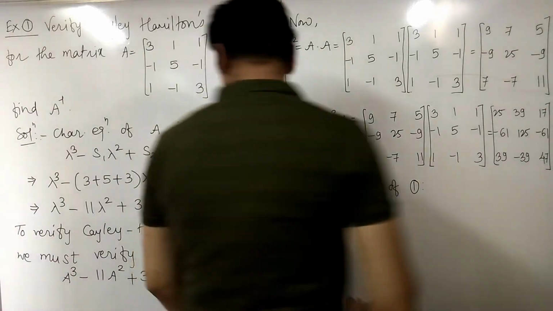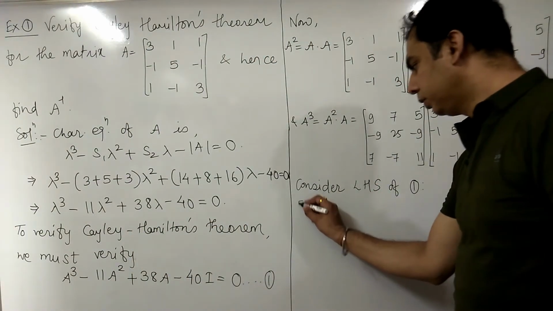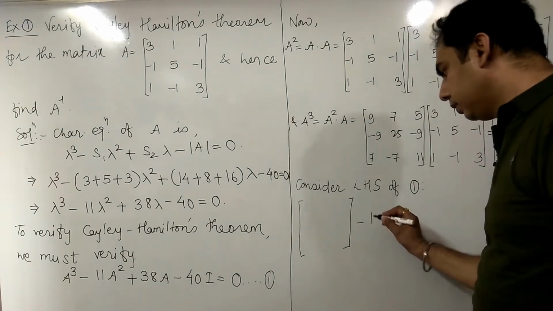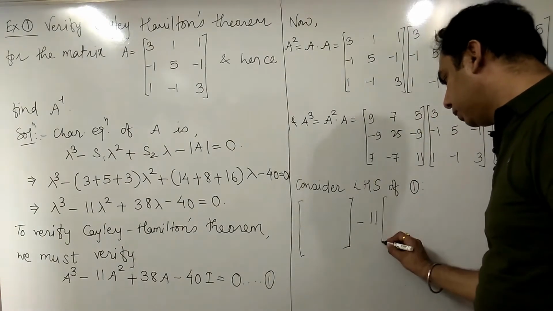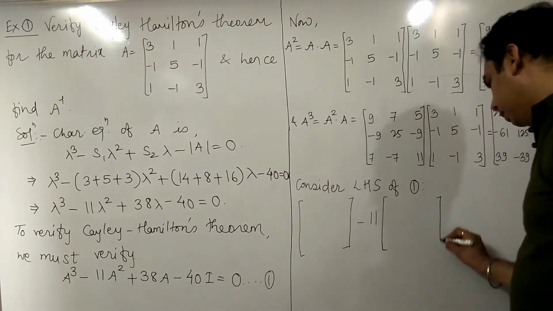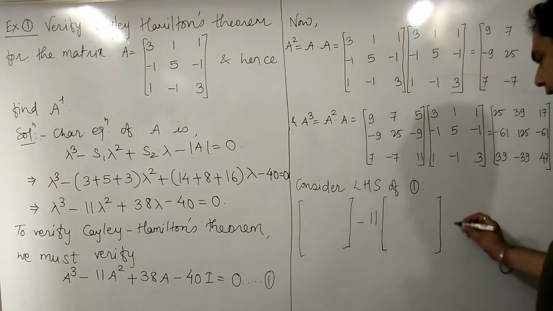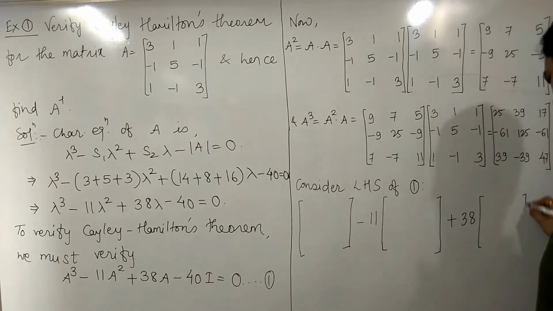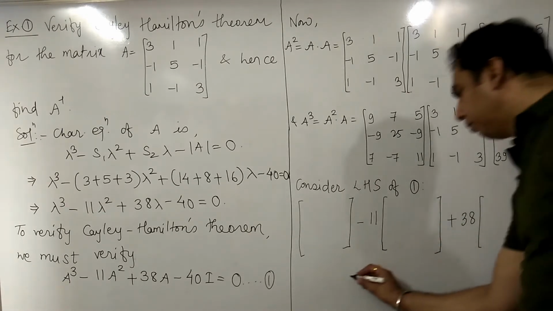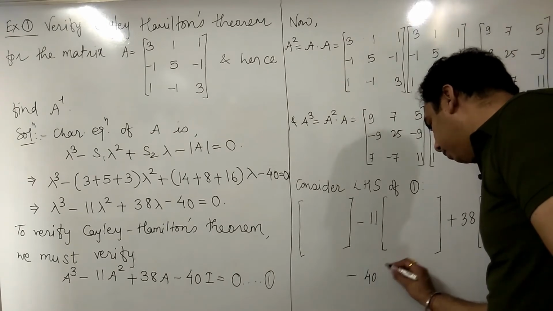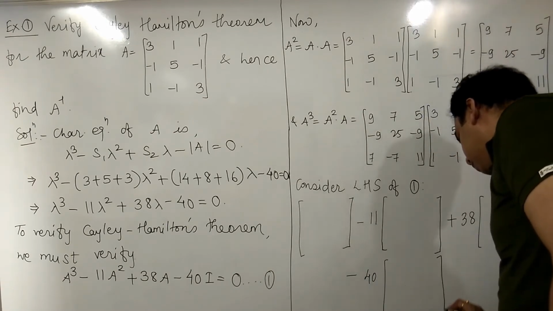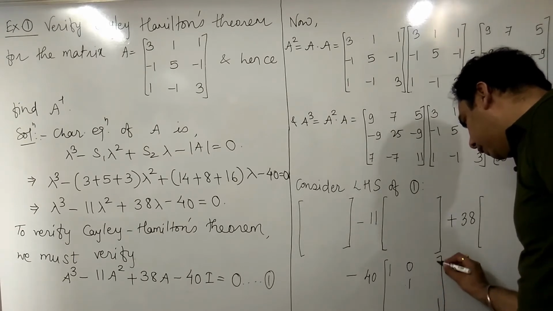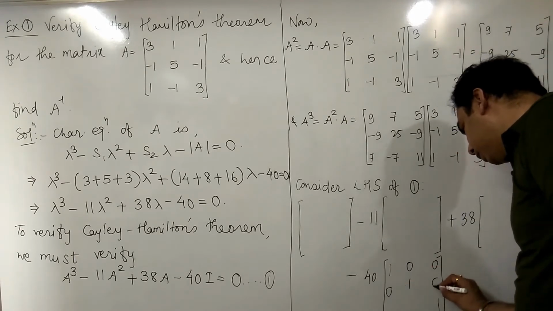It is A cube, so write the A cube matrix here, minus 11 times the A square matrix, plus 38 times the matrix A, minus 40 times the identity matrix.